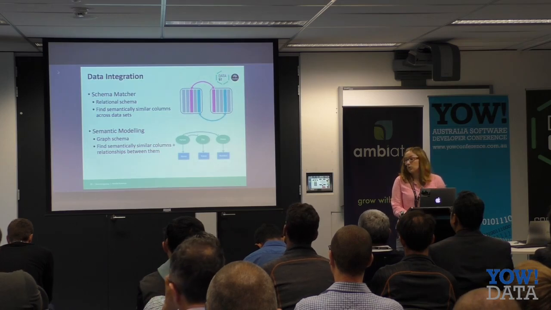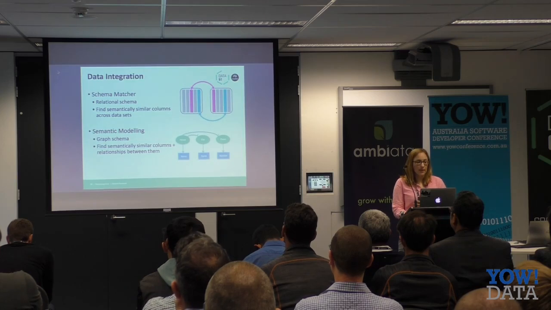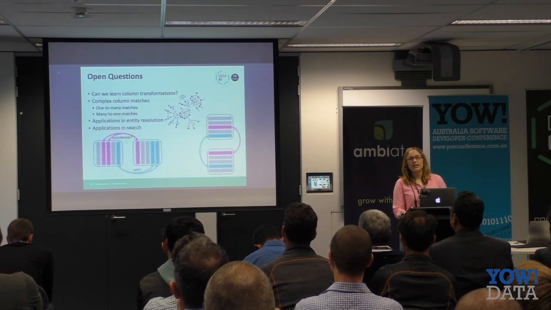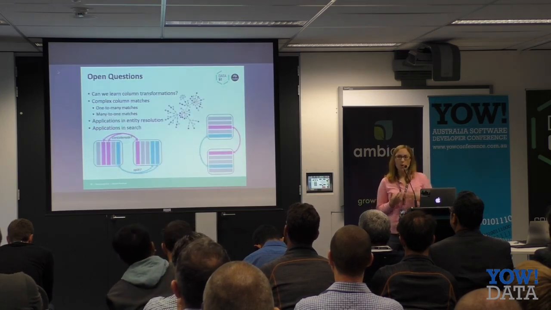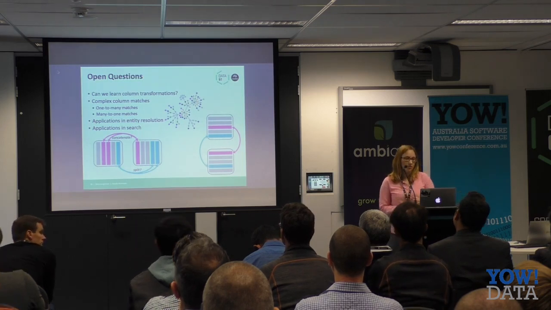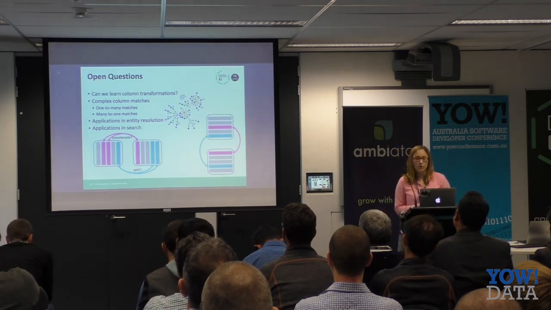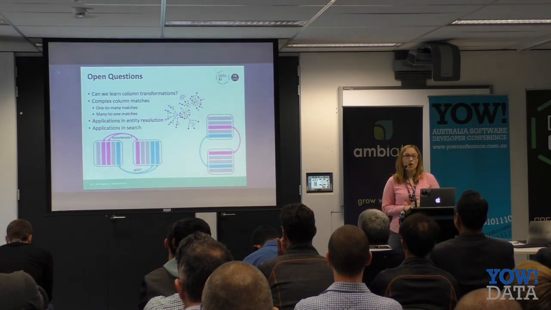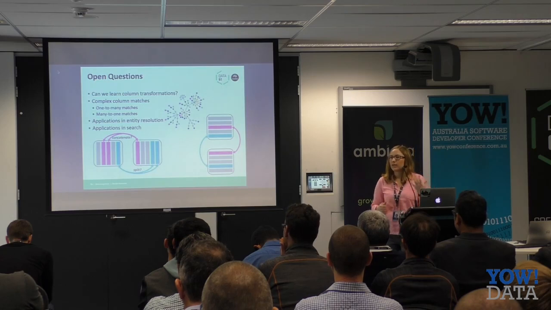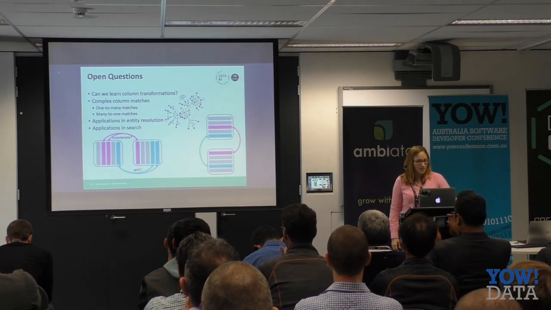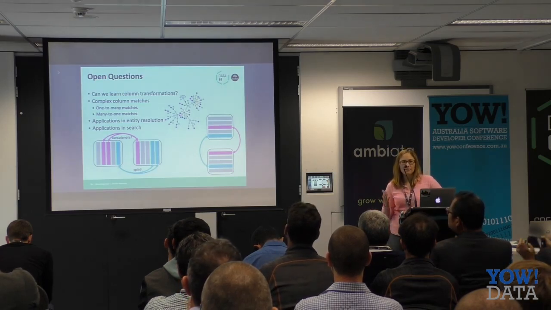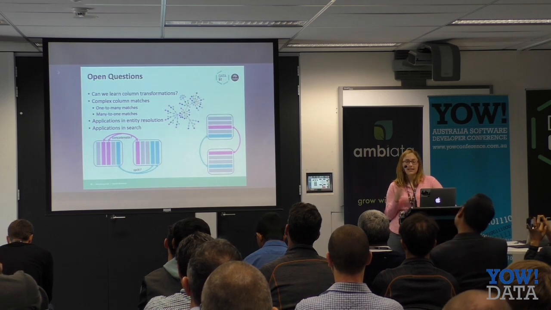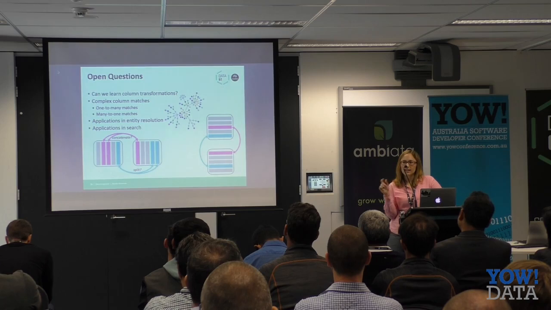And yeah, there are really lots of issues still open. If we talk about schema matching, there are several open questions which are especially interesting for our team. The first one is about transformations and complex column matches. Imagine you have a data table which has a column full name, and another table has the columns first name and second name.